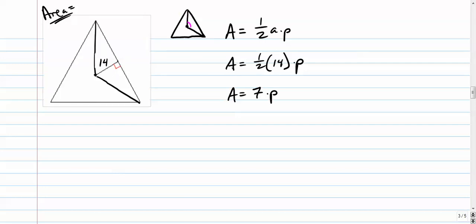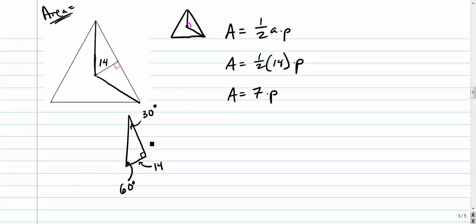All right, so since we're dealing with 120 all the way across here, each one of them is 60 and 60. So what I'm going to do is extract my picture, make it a little bit easier to see here. So I've got a right angle, I've got this angle is 60 degrees, and I've got this as 14 units. Well, if that's 60, this guy over here is 30.